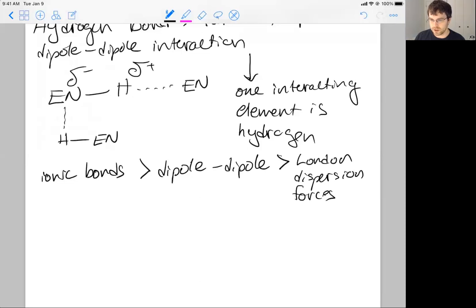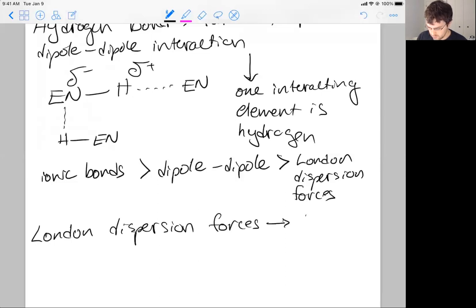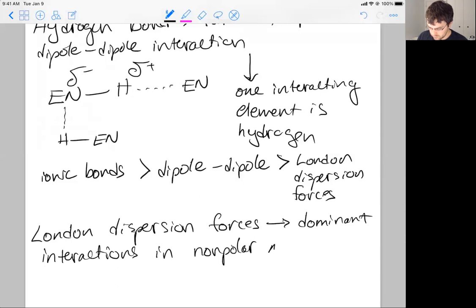These are the dominant interactions in nonpolar molecules like hydrocarbons or alkanes. So again, let me rephrase that. These are the dominant interactions in nonpolar molecules, like alkanes.